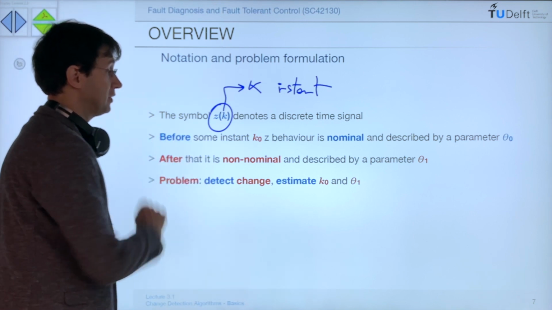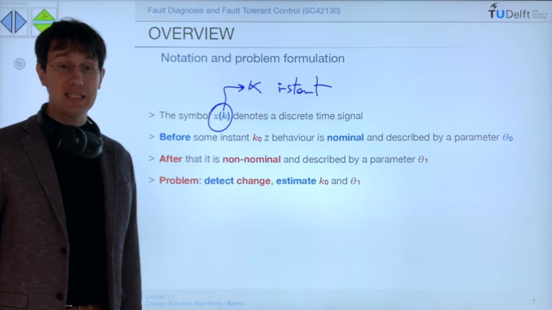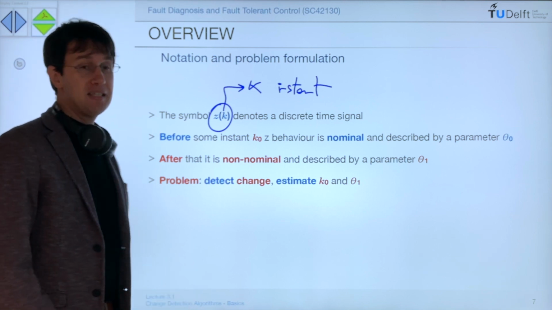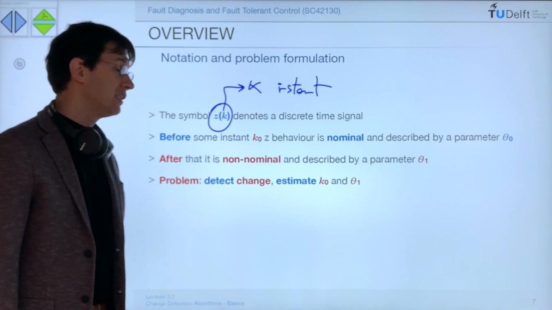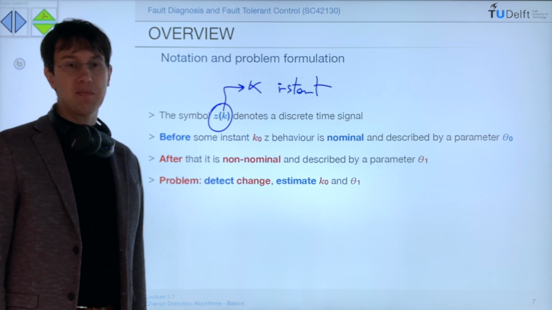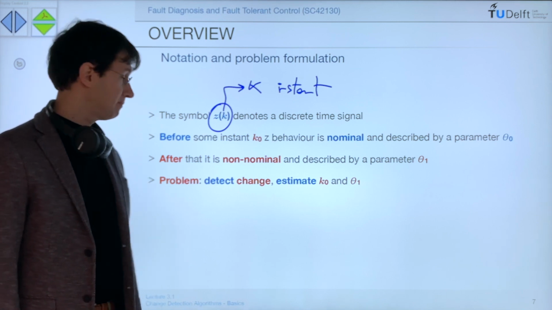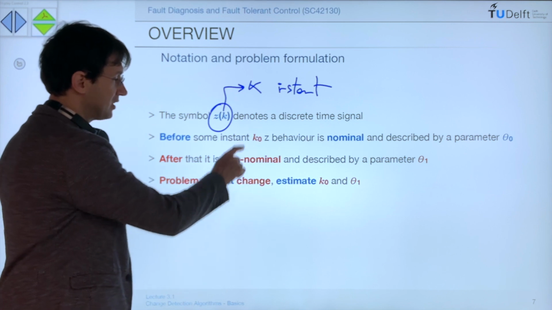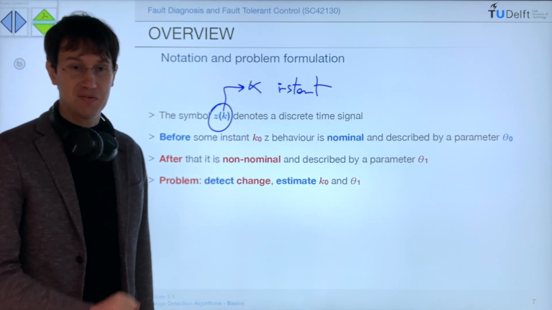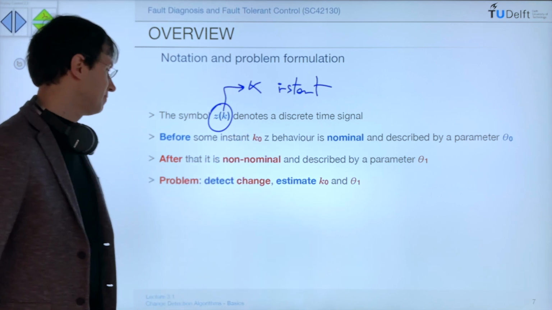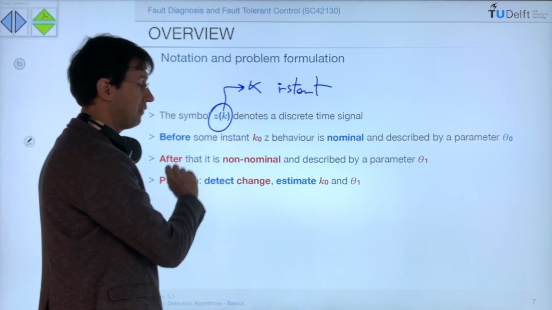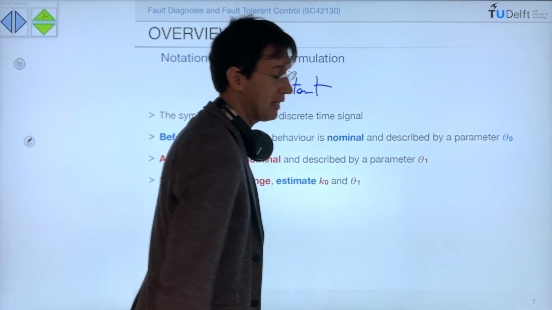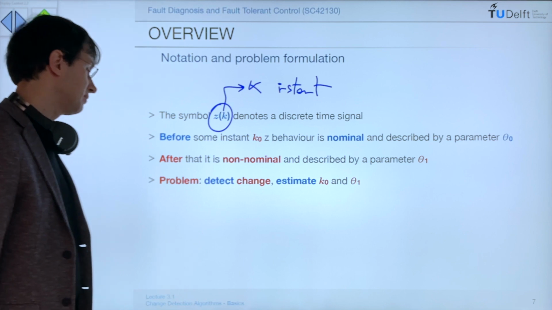Before some time instant that we denote k0, the z behavior is nominal, and nominal is described by some parameter θ0. After that, k0 is the onset of our anomaly, then the behavior is non-nominal and is described by some parameter θ1.